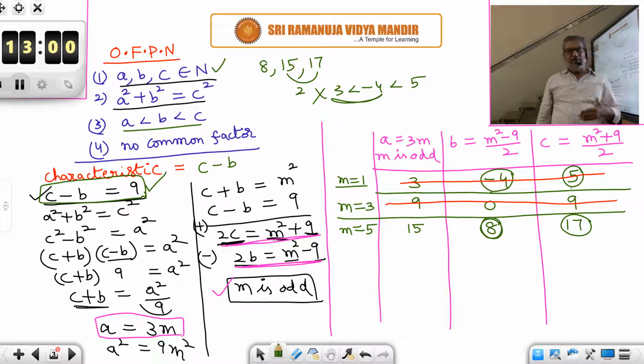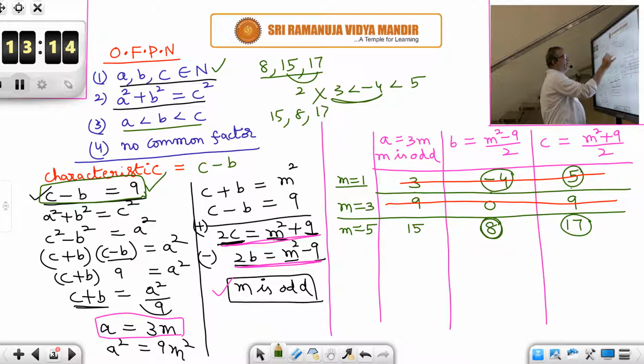If you write the OFPN list with characteristic 2, 8, 15, 17 is at the top. That is the first one. So instead of writing 8, 15, 17, we are writing 15, 8, 17, and we are saying that 17 minus 8 difference is 9.